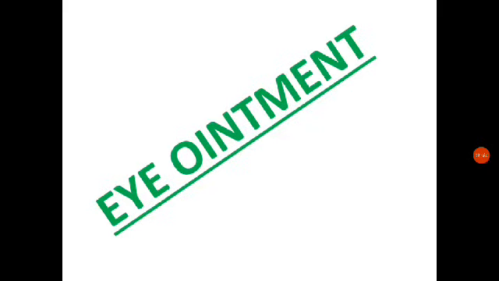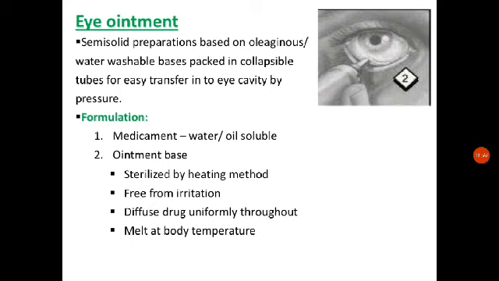And eye ointments are semi-solid preparations based on oleogenous or water washable bases packed in collapsible tubes, and they are made easy to apply to the eye cavity by pressure. Similarly, it is sterile. The formulation ingredients include medicament, that is either water or oil soluble, then base.